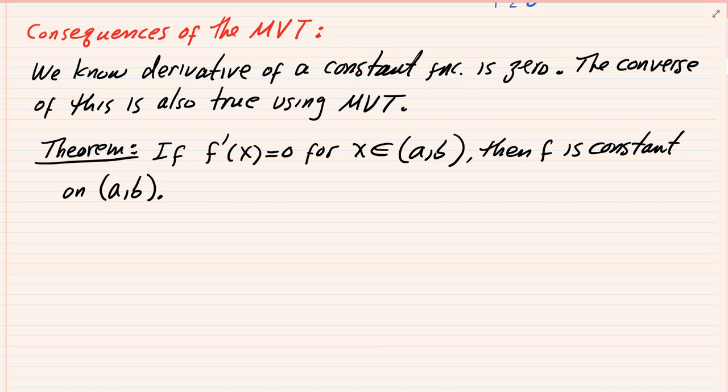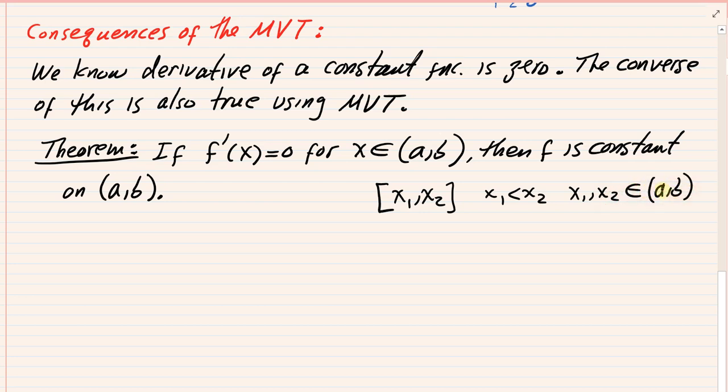So for example here, what we could do is choose a closed interval [x1, x2]. This would be like the proof of the theorem. We're going to choose x1 to be less than x2, of course, and we're going to make them be inside of that open interval.